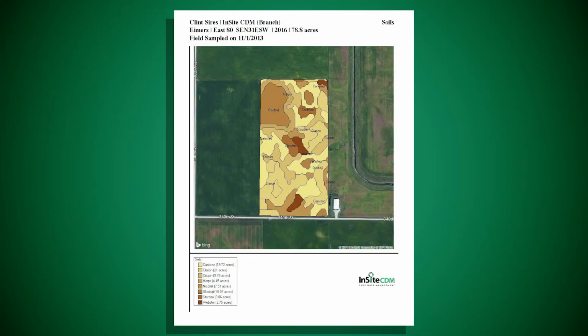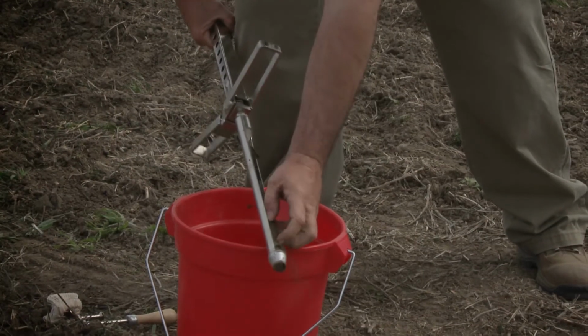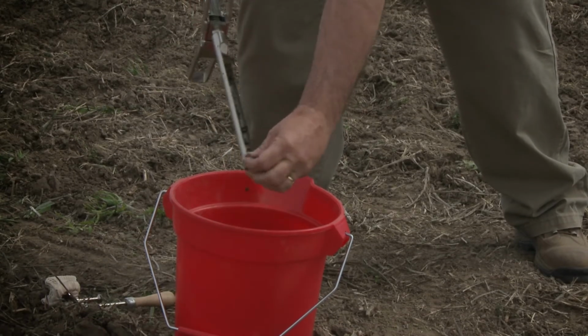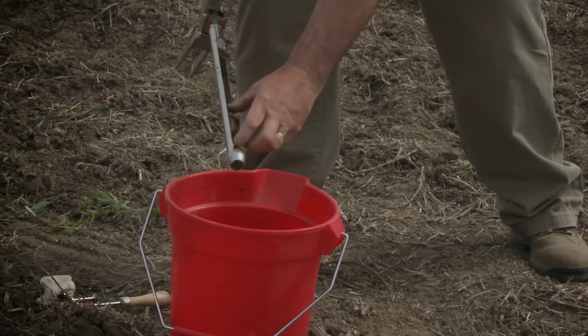If you're not doing it already, intensive grid soil sampling is the second step you'll need to take in order to farm more efficiently using precision farming techniques. A lot of growers in the past have gone out and maybe taken 1 or 2 samples per field, or maybe even 4 or 5 samples for a whole field, or maybe even a 10-acre geocomposite sample.